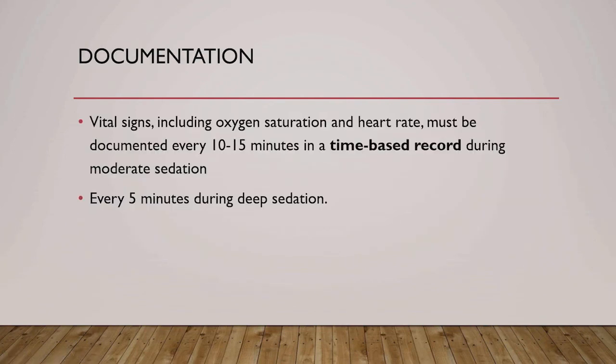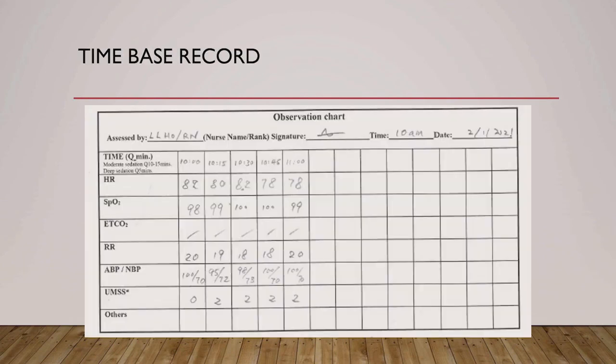So for the monitoring, the vital signs, including the oxygen saturation and heart rate, should be documented every 10 to 15 minutes in a time-based record during moderate sedation. And in deep sedation, you need more frequent monitoring, like every 5 minutes. So this is an example of this observation chart.